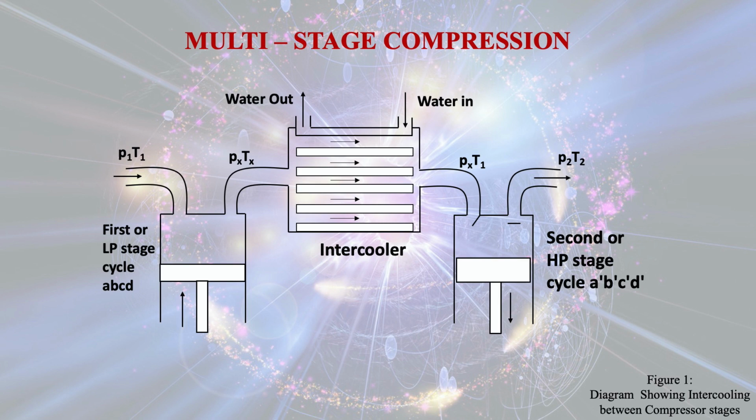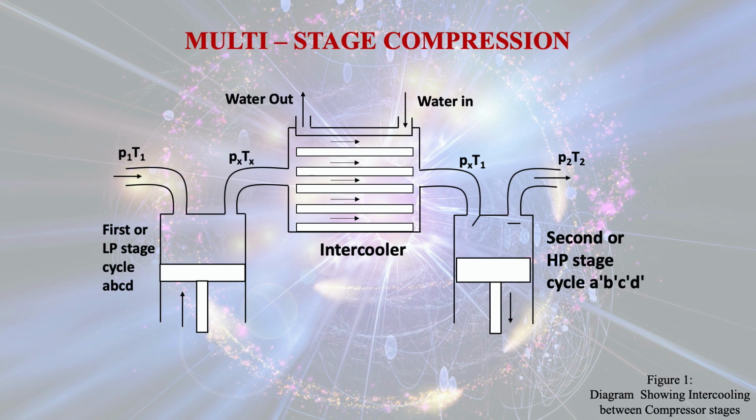So at the entry of the second stage of compression, the pressure of the air will be Px, but the temperature will be the same as the initial state, that is T1. Now it will undergo the second stage of compression, where the output will be P2 and T2.